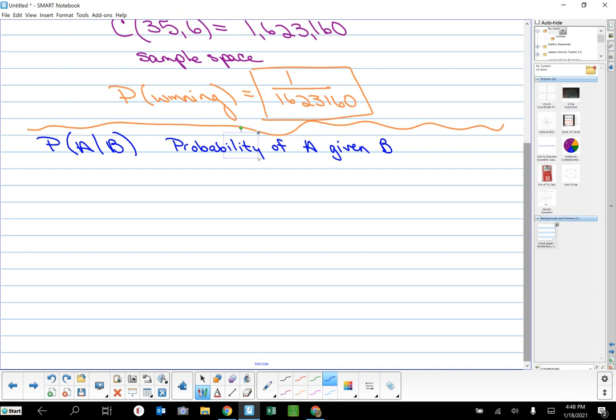So we have a couple of interesting things here. And so here's how this is going to work. I'm going to give you a couple of specific problems. This one looks like this. You draw a marble from a jar.